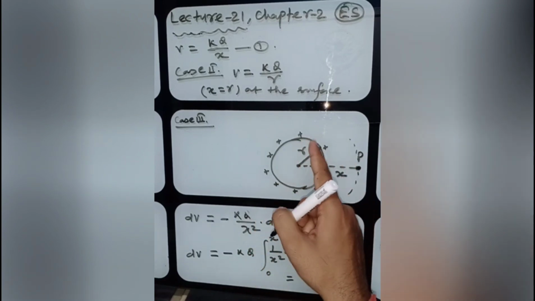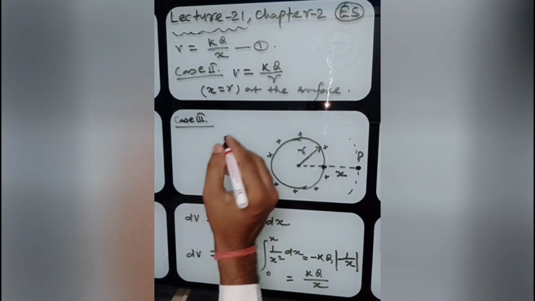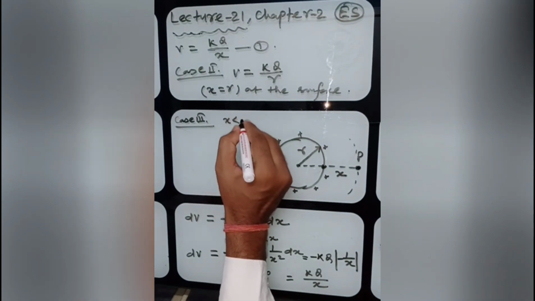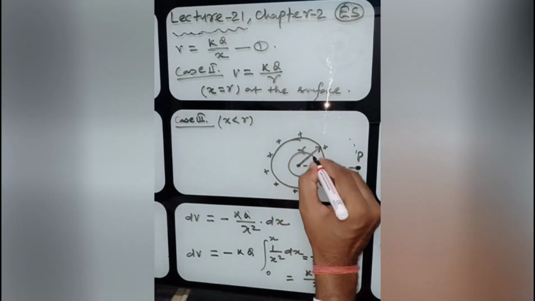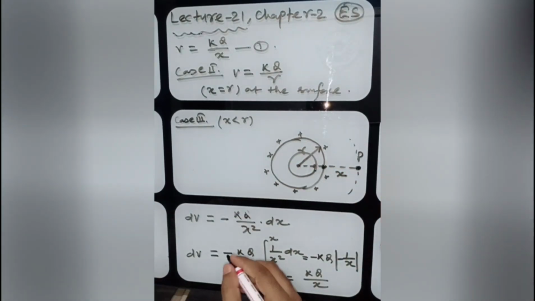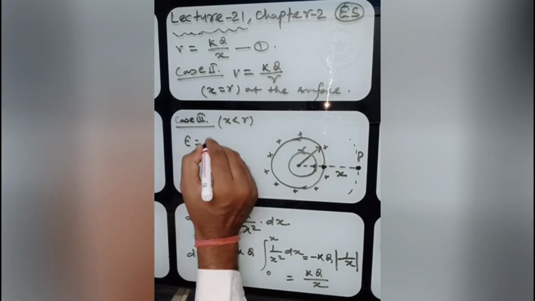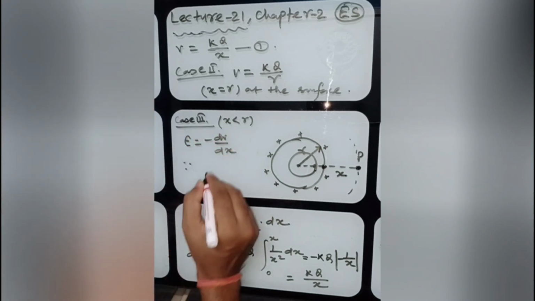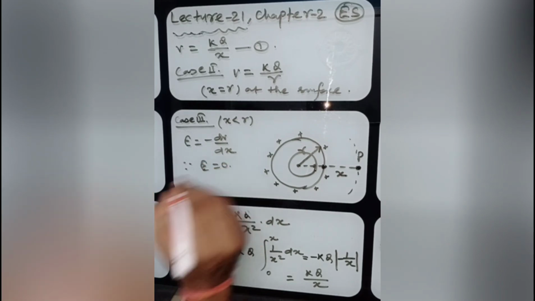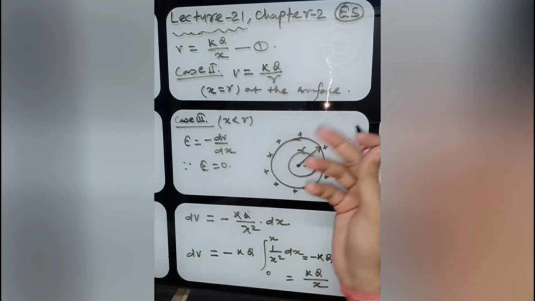But the third case we are dealing with here is inside the cell. It means x is less than R. Suppose this point. We know again E equals minus dV by dx. Since the charge enclosed will be 0, the electric field is also 0.